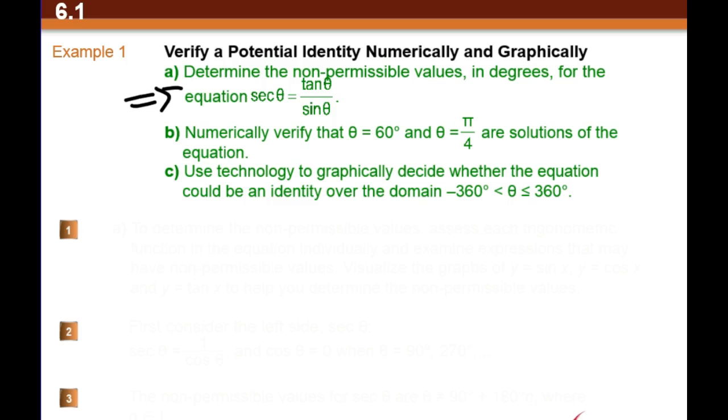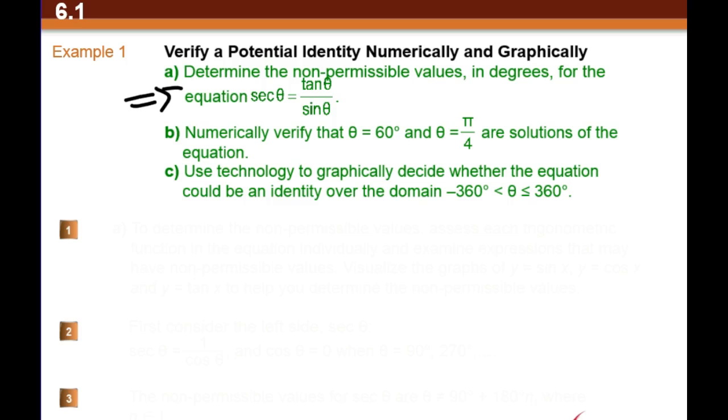Okay, so what we're going to do is look at your unit circle, and first let's look at this secant part. We know secant doesn't show up on your unit circle, but what does show up on your unit circle?